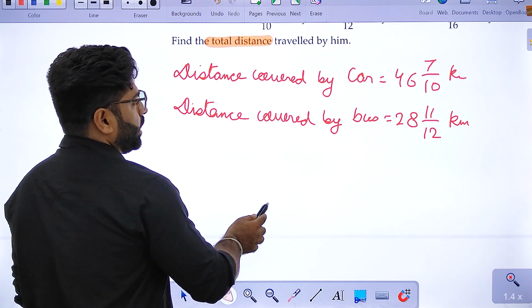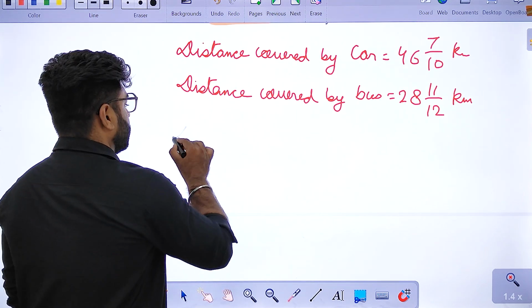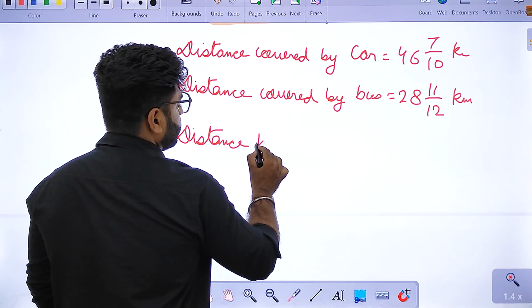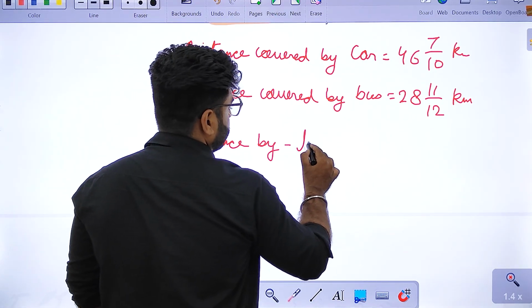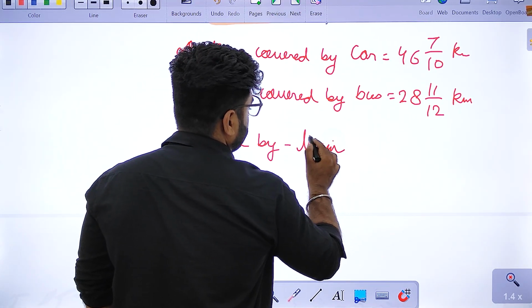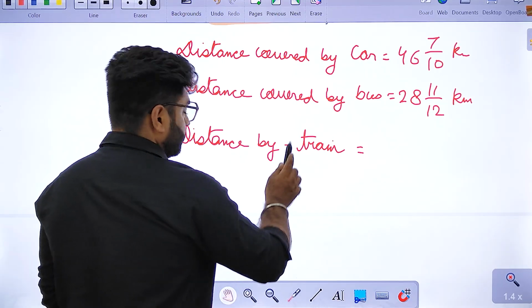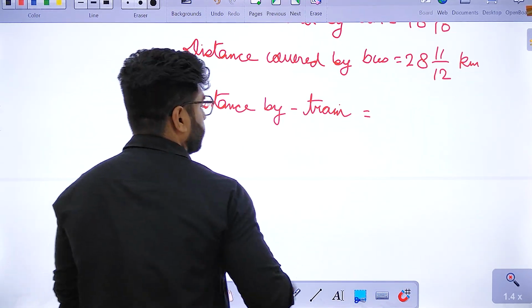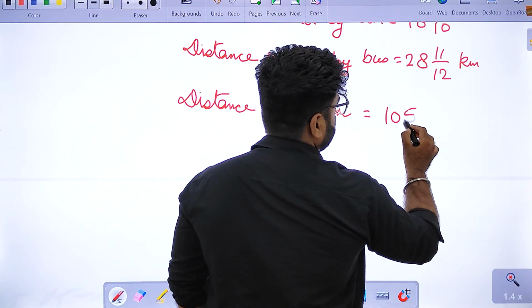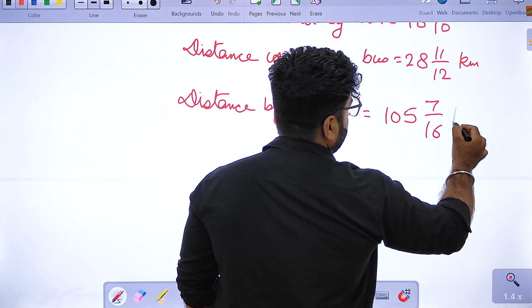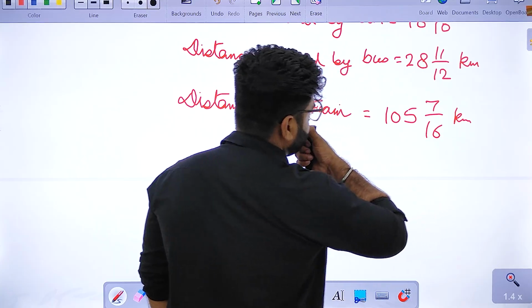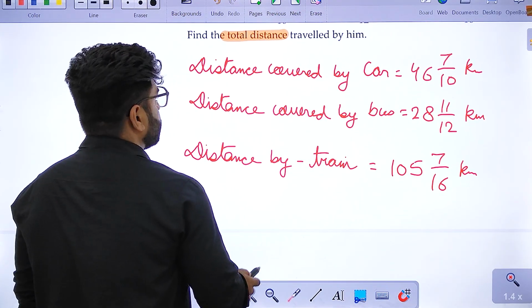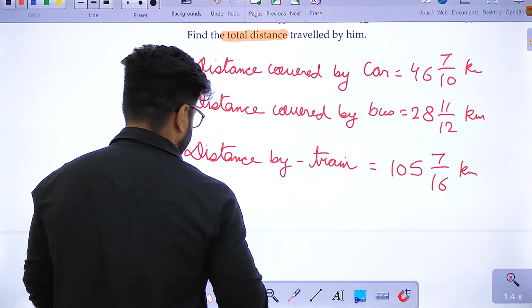Then distance by train. Distance by train we are having 105 7 by 16 kilometer. So now we have to find out the total distance.